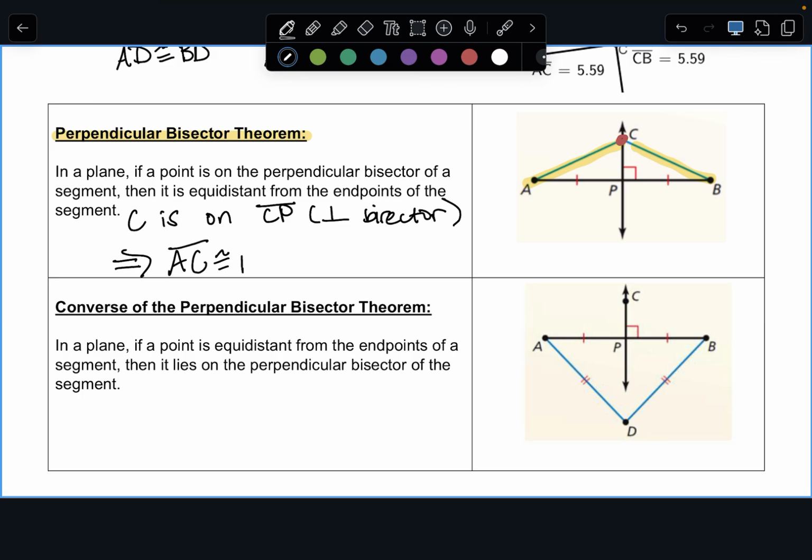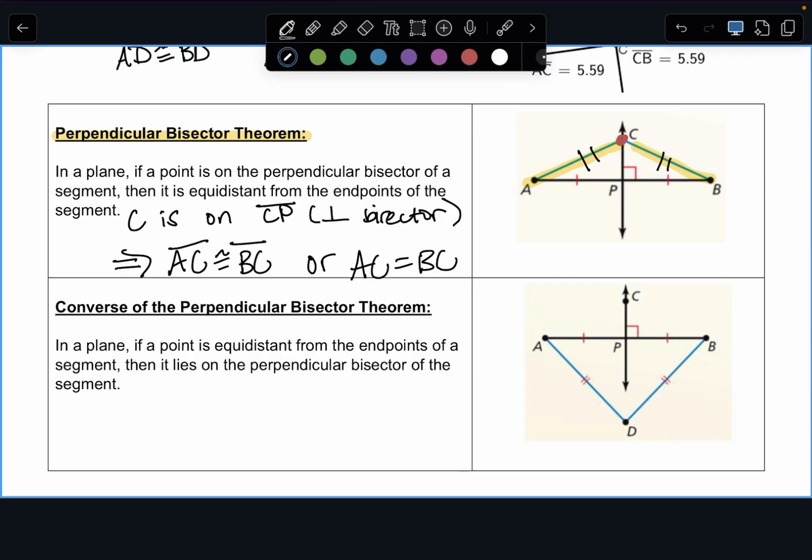Okay. So therefore, AC is congruent to BC, or the lengths are equal. Does not matter which. But if you see a perpendicular bisector, the algebra behind it is that you're going to set these two lengths equal. Okay?